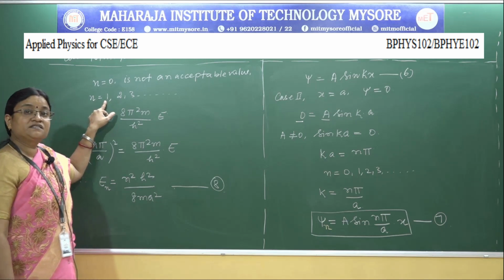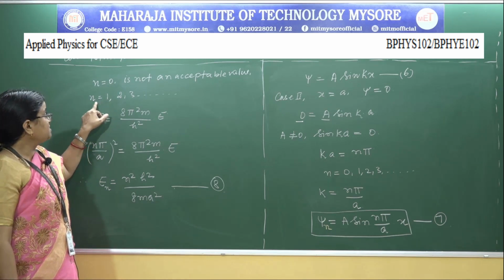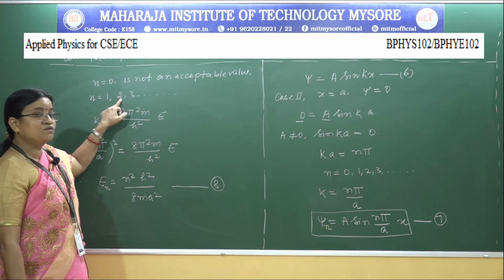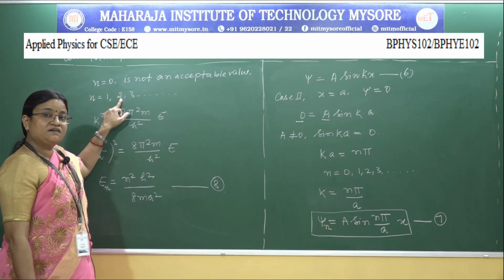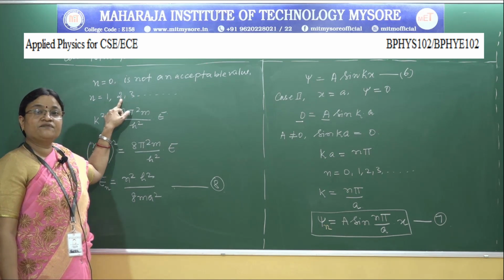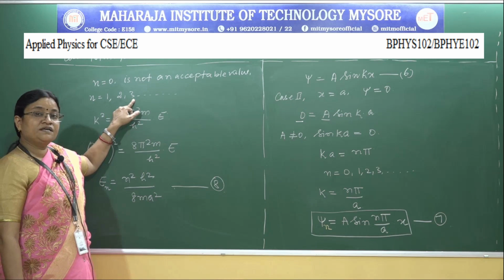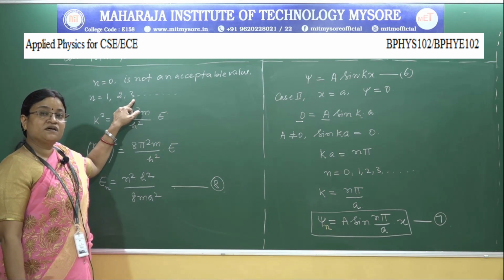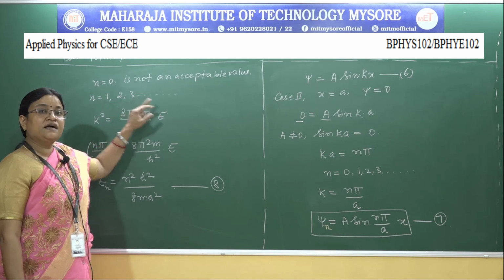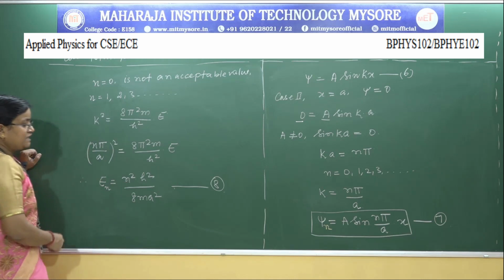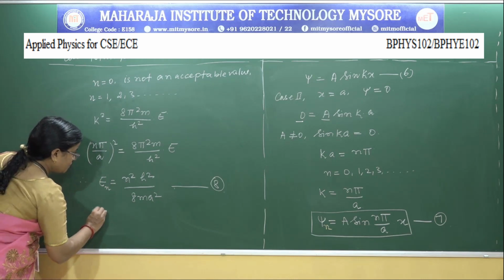N is equal to 1 is the ground state, n is equal to 2 is the second energy level, and we represent it by first excited state, and n is equal to 3 is the third energy level, and we represent it by the second excited state, and so on. Now, let us see if we take the value n is equal to 1.